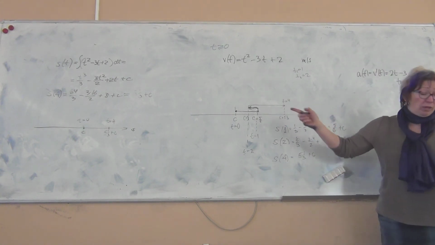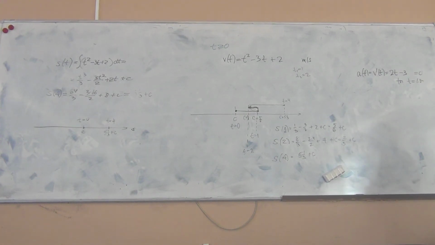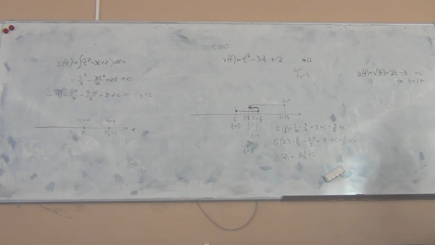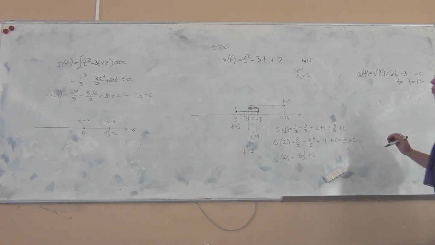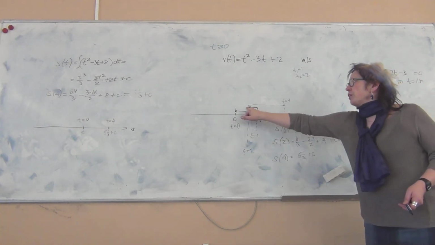And now, when you look at this, we can finally calculate the total distance traveled. It will not contain C because it will not depend on C, obviously. All those C terms will cancel out. So we can now subtract this coordinate minus this coordinate.